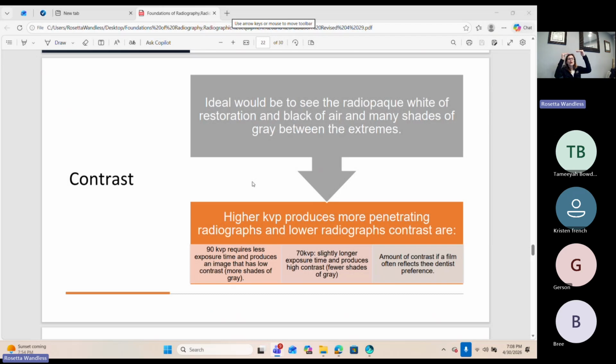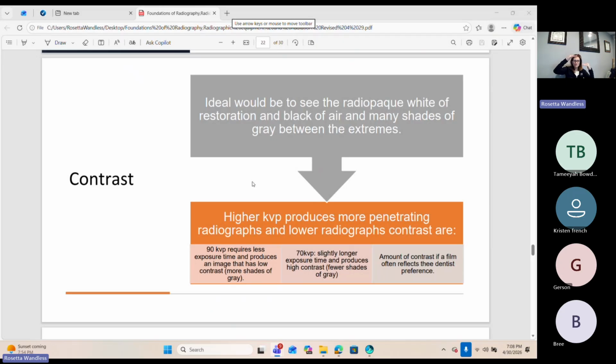What do I do? I lower my time and my MA setting. Does that make sense? If one is high, I have to lower something. Now, the opposite is true. If I have a 70 kVp, which is slightly lower, then I need a slightly higher exposure time as well as increasing my MAs.